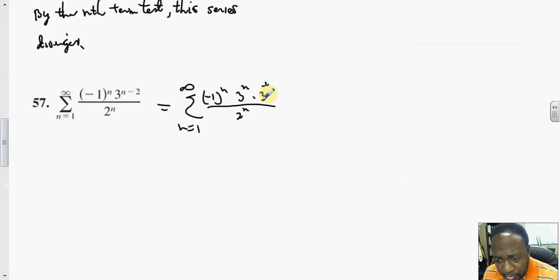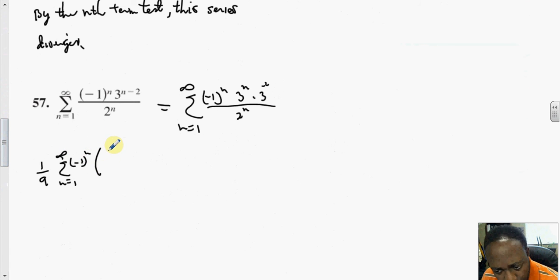So that 3 to the negative 2 is 1 over 9, and write that in front of the summation. Doesn't hurt it. And this is 3 over 2 to the nth power.